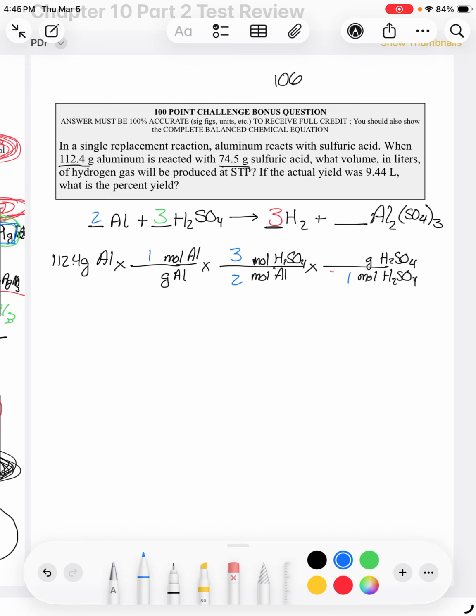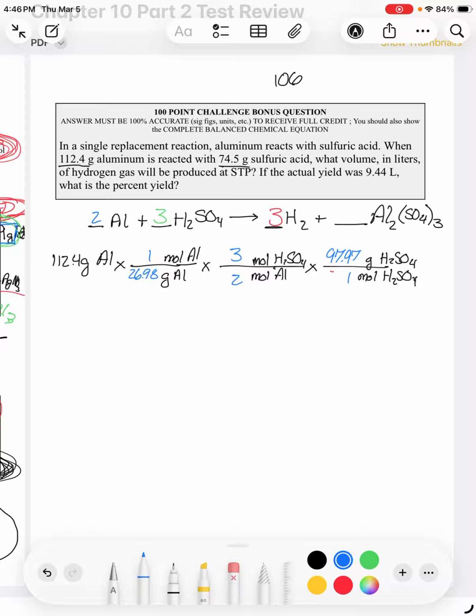Aluminum's molar mass, walking over to my periodic table in my classroom, is 26.98. Then sulfuric acid's molar mass is, hey Siri, what's the molar mass of sulfuric acid? 97.97 grams. 97.97 grams.